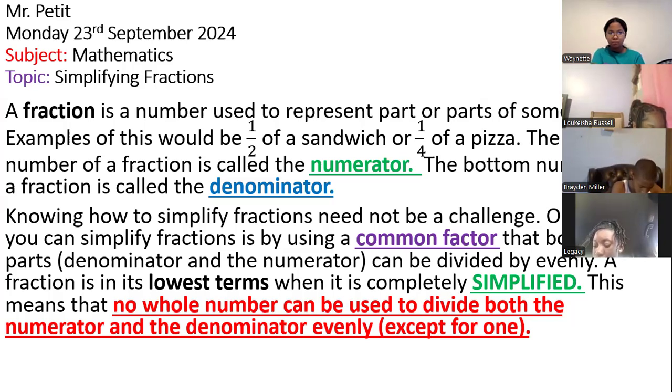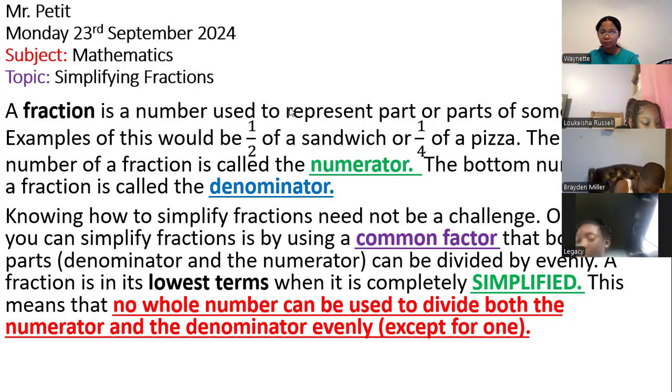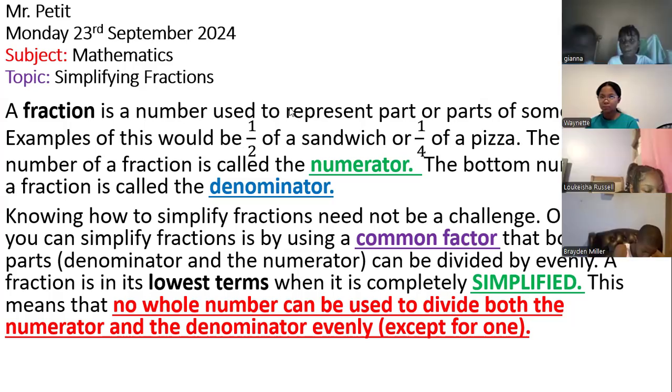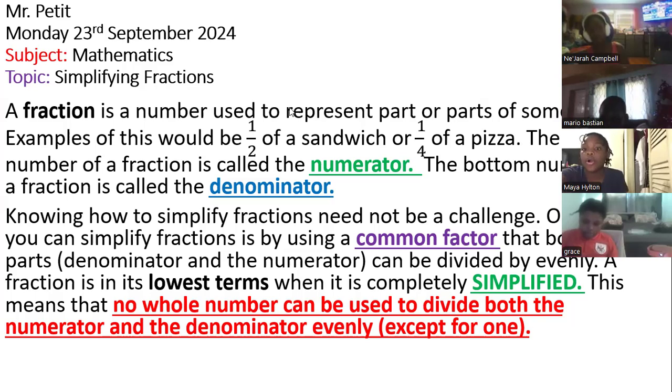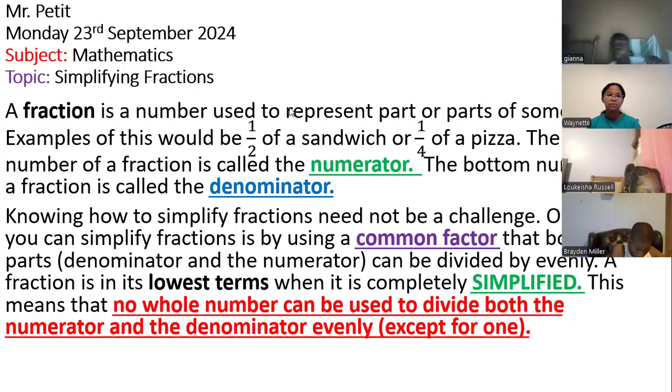One way you can simplify fractions is by using a common factor that both parts, denominator and the numerator, can be divided by evenly. A fraction is in its lowest term when it's completely simplified. This means that no whole number can be used to divide both the numerator and the denominator evenly except for one. Very good.